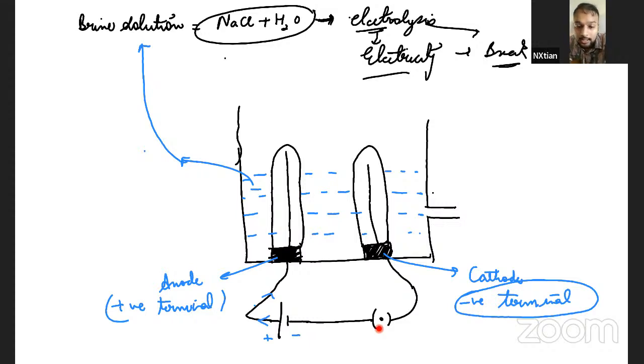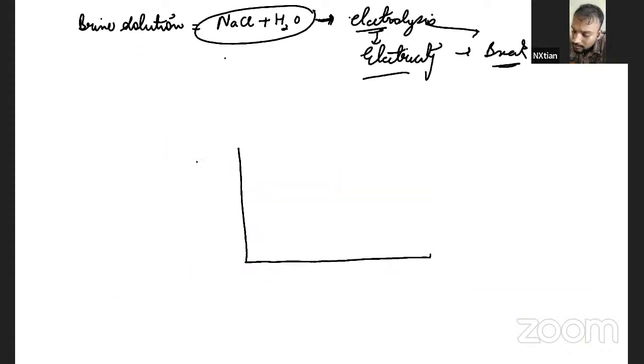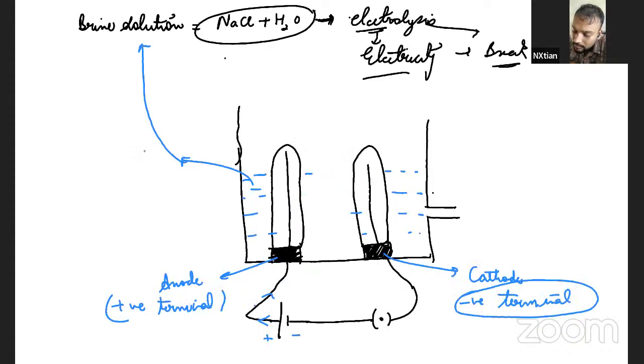When I turn on, now what I did, when I start the electricity flow into this, then what happened? Then here some reaction occurs. Now we will understand that reaction part.